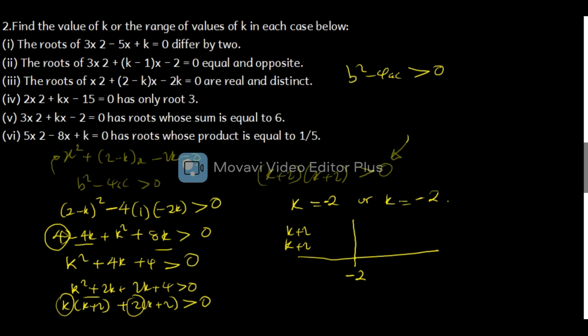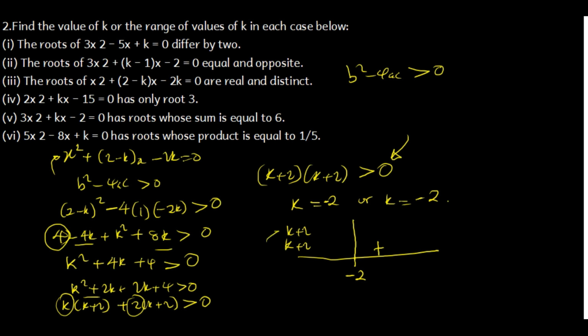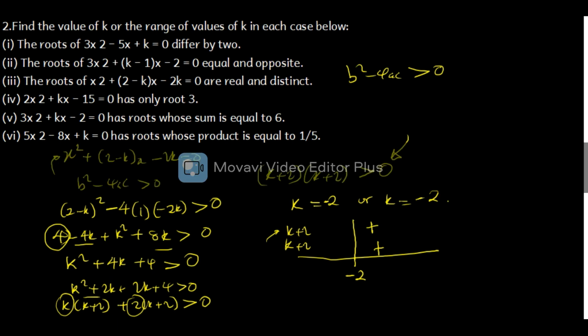So let me put a number above negative 2 here. It will be 0 plus 2. What I'm finding is a positive value, a 2. Even here, same, it will be positive 2. Now what happens if I get any number smaller than negative 2, such as negative 3? If I put negative 3, it will be negative 3 plus 2, which is a negative value. Same here, a negative value.